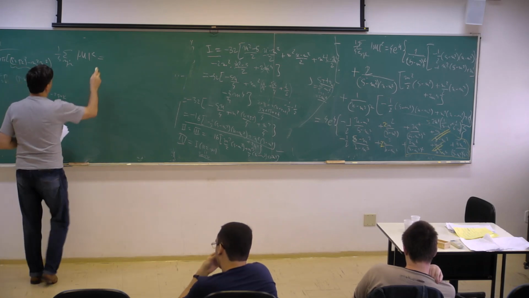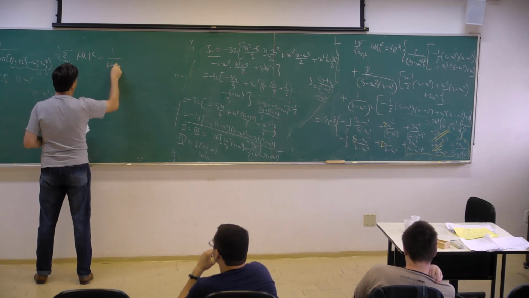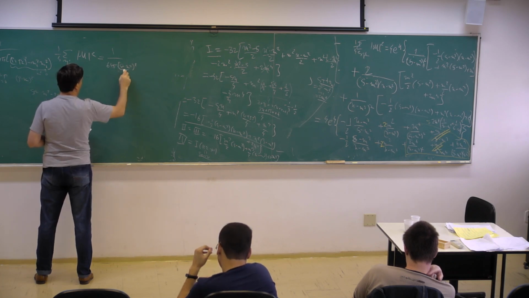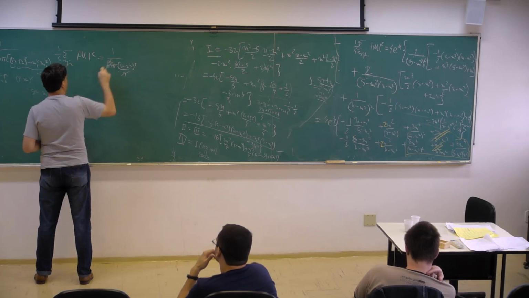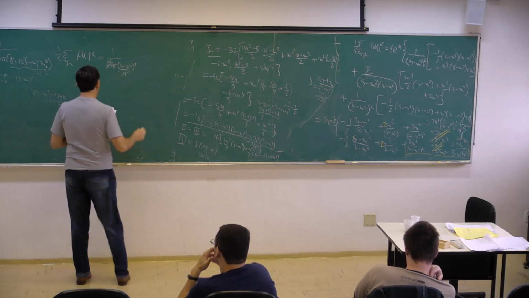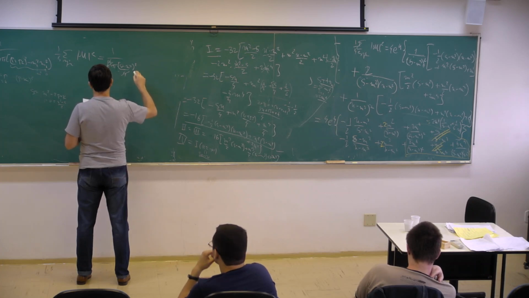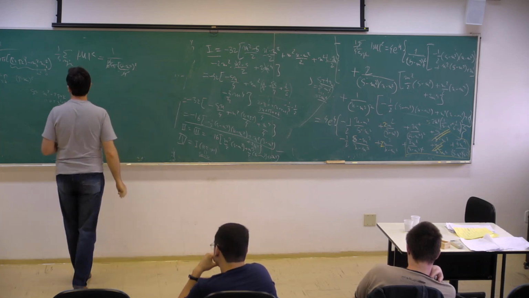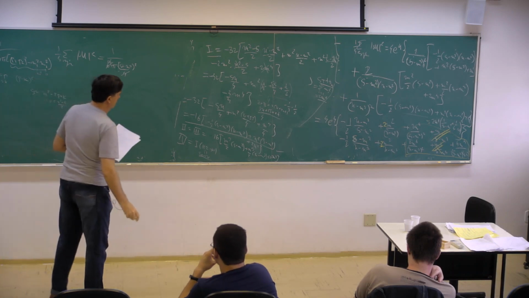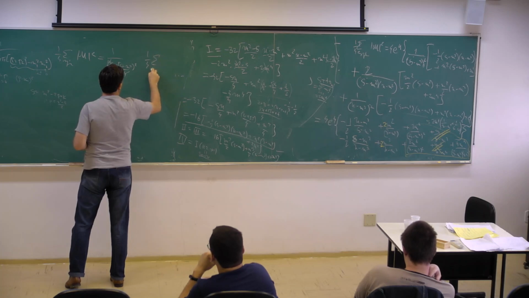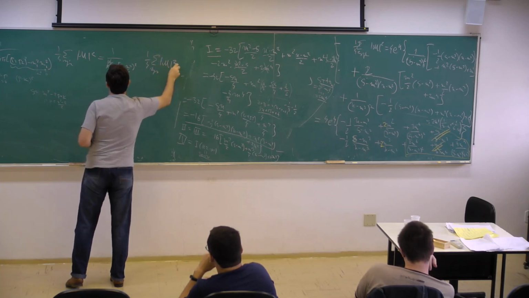So this is equal to 1 over 64 pi times (s minus m squared) over 4, times 1/4 sum of spins of the amplitude squared.